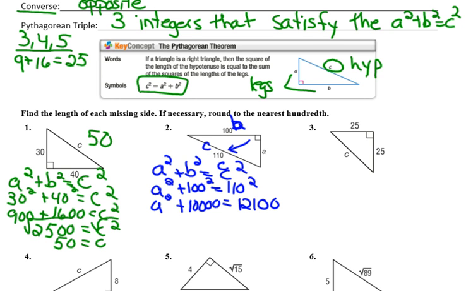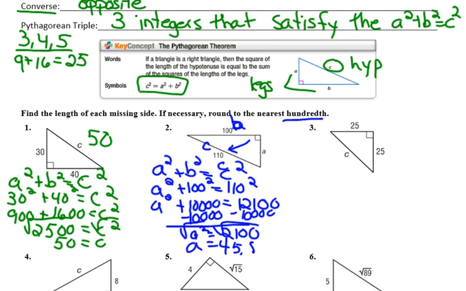There we go. Okay. Subtract 10,000 from both sides. So A squared is 2,100. Take the square root. And it wants it rounded to the nearest hundredth, so this turns out to be 45.83, rounded to the nearest hundredth.